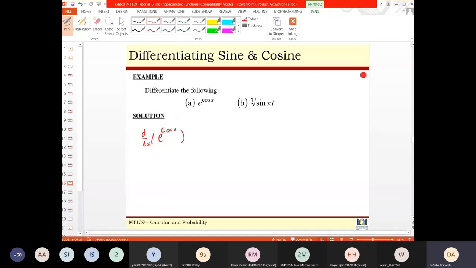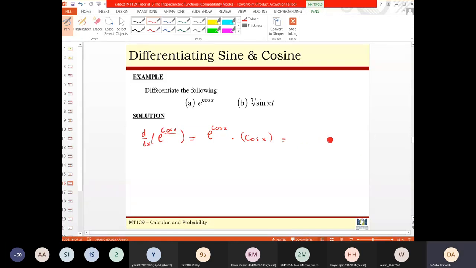Agreed. Whenever I have e to a power, what's the derivative of the e? Itself. So it is e to the power cosine x, but I need to multiply with the derivative of the power, and the power is cosine x. Now what's the derivative of the cosine x here?